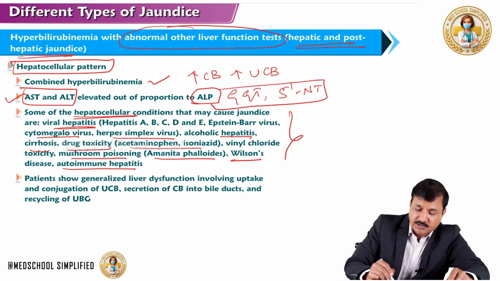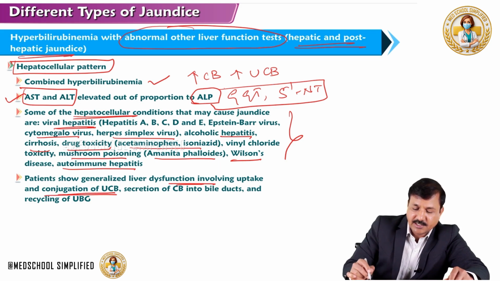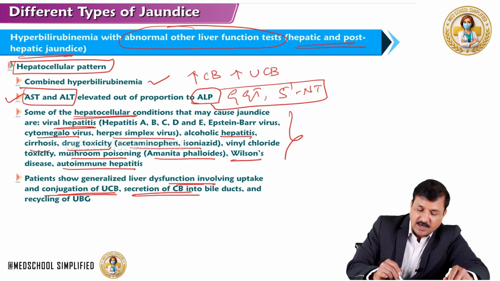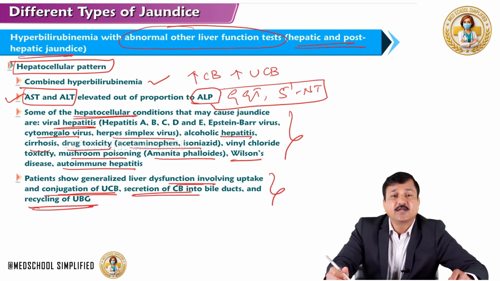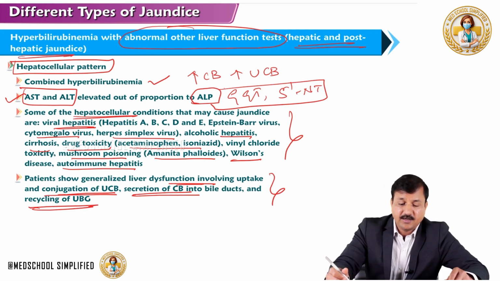Patients will show generalized liver dysfunction involving uptake and conjugation of unconjugated bilirubin, secretion of conjugated bilirubin into the bile ducts, and recycling of urobilinogen. All of that will be affected in the hepatocellular pattern of jaundice.